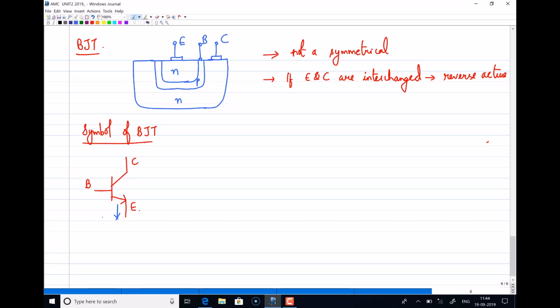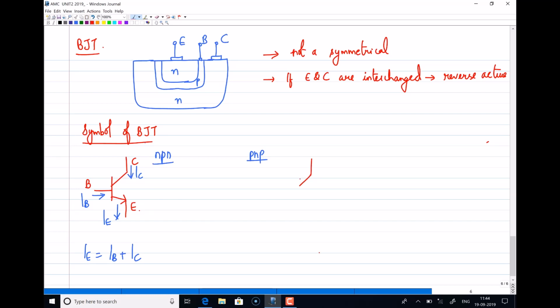The arrow mark is given to identify the current direction. Since the arrow mark is outside, the emitter current IE is flowing outside, and the other two currents, IB and IC, are flowing in, because this relation is valid: IE is equal to IB plus IC. This is an NPN BJT.